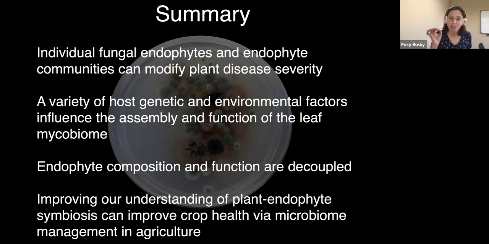But again, one thing that we have learned and that has emerged is that the composition and the function can be decoupled. Finally, I would argue that improving our understanding of plant-endophyte symbiosis not only improves our understanding of the ecology and evolution of this fascinating relationship, but I think it can also potentially improve crop health via microbiome management in agriculture. I didn't talk about this today, but I think this is an important application of this work.